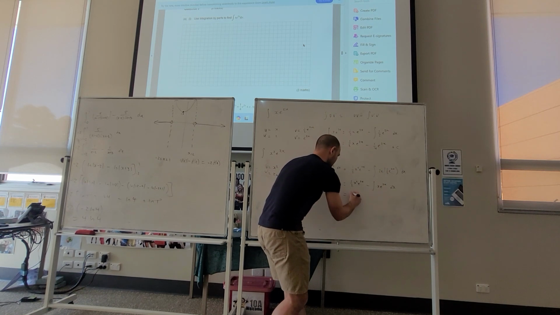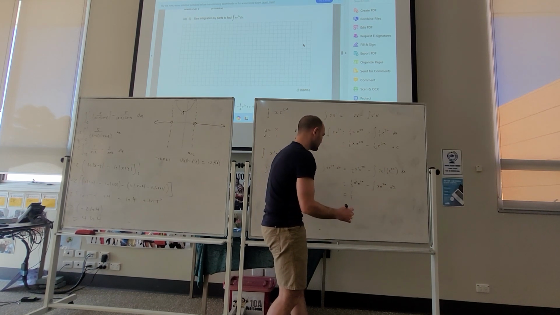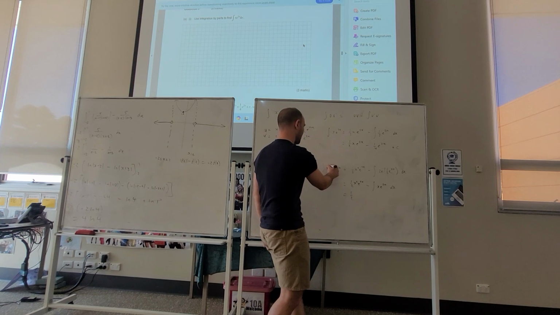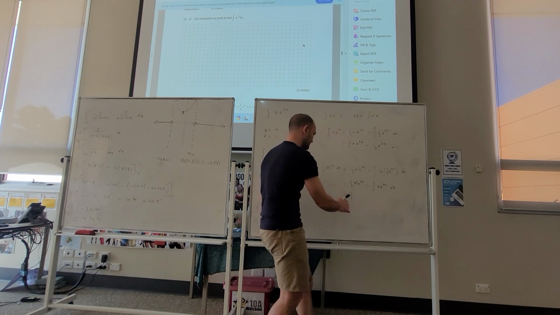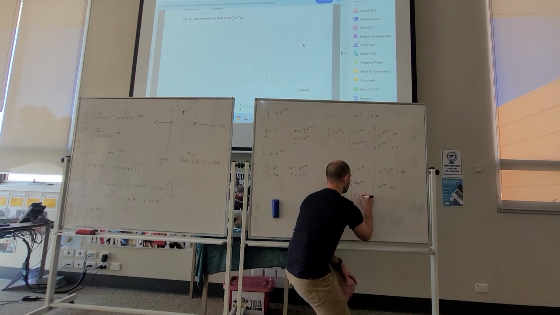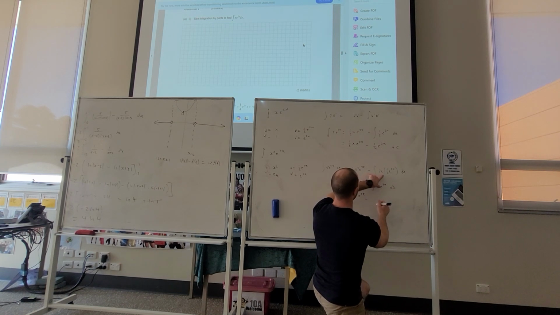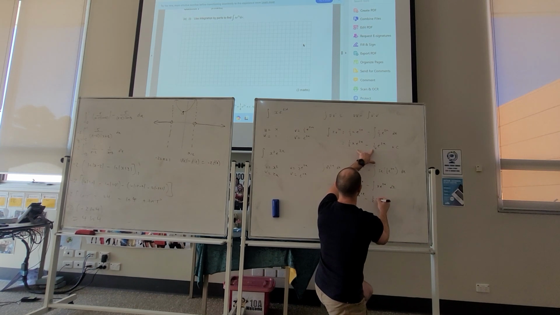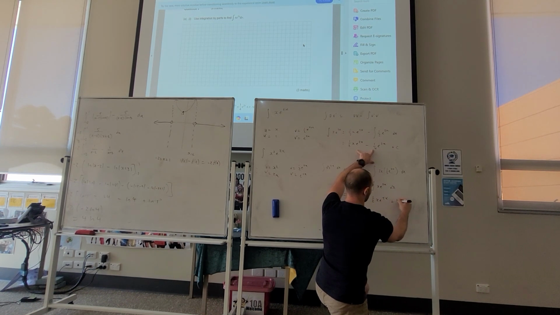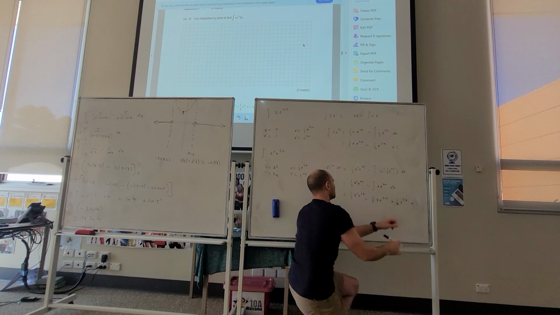So for our final answer, the integral of x squared e to the 2x is half x squared e to the 2x, and then take away this thing here: half x e to the 2x plus a quarter, plus because the negative negative, e to the 2x plus c.